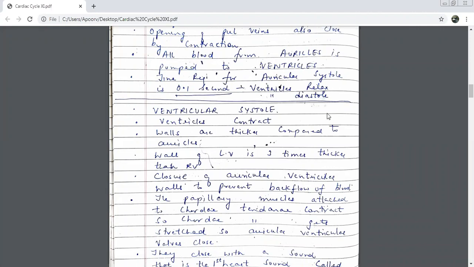So the ventricular relaxed time, or the ventricular diastole time, is going to be how much over here? 0.1 seconds. When the auricles are contracting, the ventricles are relaxing. When the ventricles contract, the auricles will relax. So we are talking about the auricular systole and the ventricular diastole.